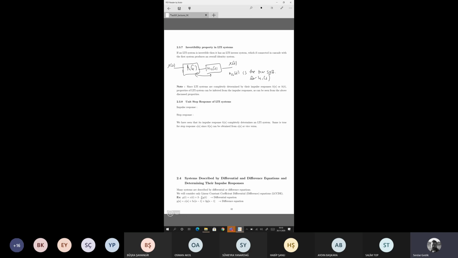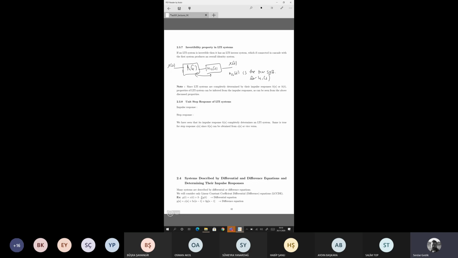So what about the unit step response? We have shown that if we have h of t or h of n, we can understand the other properties of the system. So we have LTI in our pocket, it's for sure, and we can understand whether it is causal or memoryless or stable by just looking at h of n and h of t.